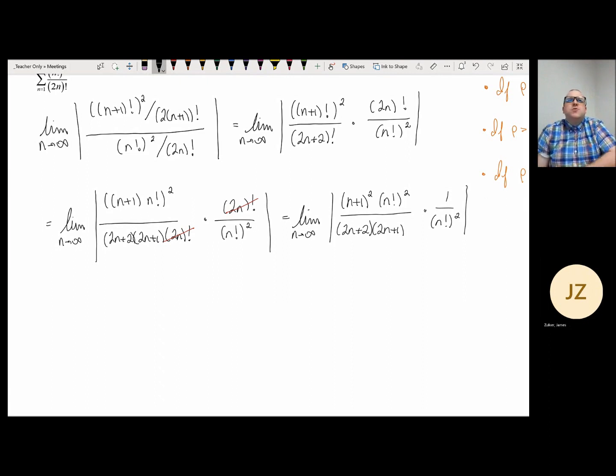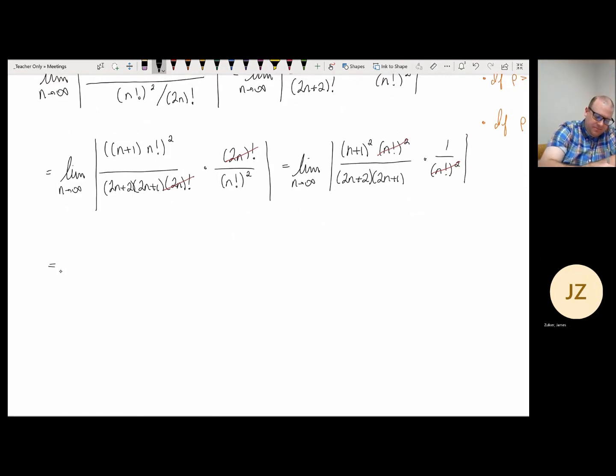Remember, if you're raising a product to a power, it's the same as the product of the powers. n factorial squared over n factorial squared is again 1. n plus 1 squared is positive. 2n plus 2 times 2n plus 1 is also positive because n is greater than 1.